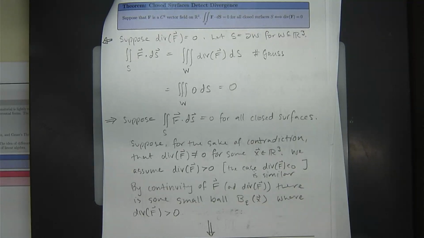We classified the irrotational vector fields, right? The irrotational vector fields are conservative, and they integrate to 0 along all closed loops. This is a classification of the divergence-free ones: divergence-free if and only if we integrate out to 0 for all surfaces.